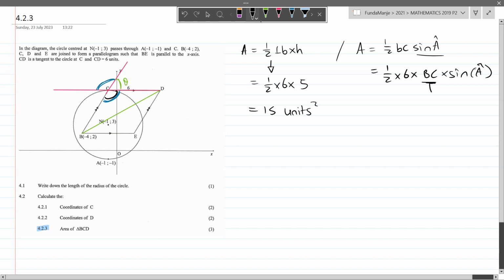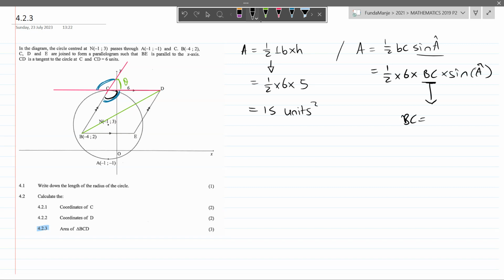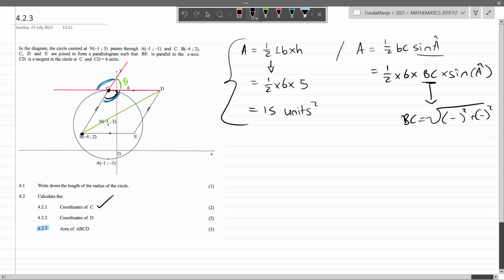So the only unknown is this one, of which you can use the distance formula. BC is equal to the square root of the change in x squared plus the change in y squared, like that. You can pick the two coordinates B and C. You've already calculated the coordinates, and then you can just plug that in and work this out, but you're sure to get the same answer. But here recommended would be this method.